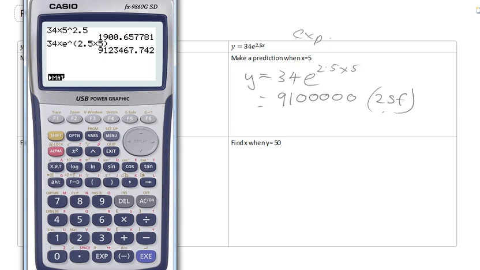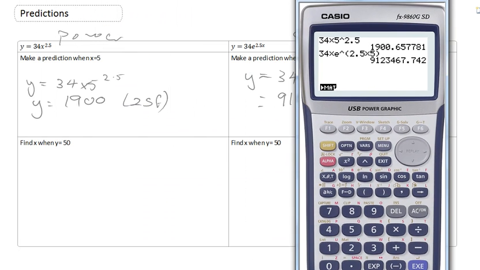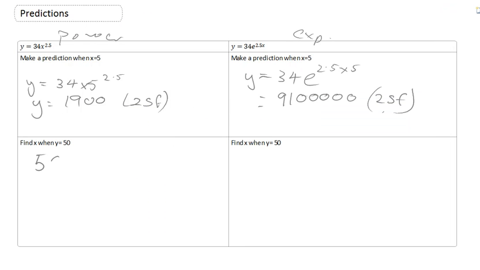My backward predictions are a little bit harder, because now I've got to go 50 equals 34x to the power 5. So x to the power 5 is 50 divided by 34. And here comes the difference. I could solve this by using logs, but that's going to be a mess.